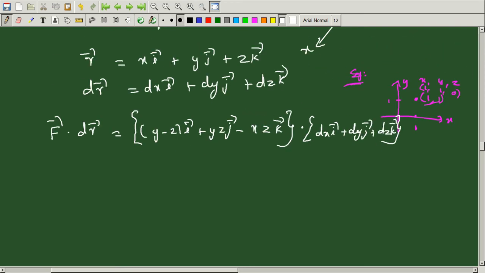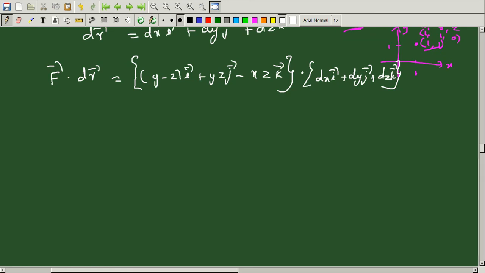After doing the dot product, the F dot dr value is a scalar: (y minus z) dx plus yz dy minus xz dz.